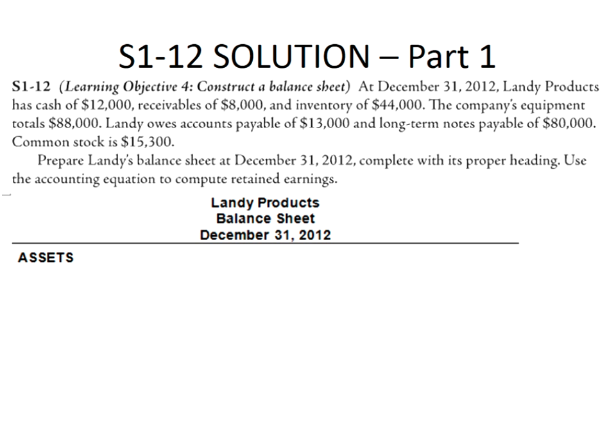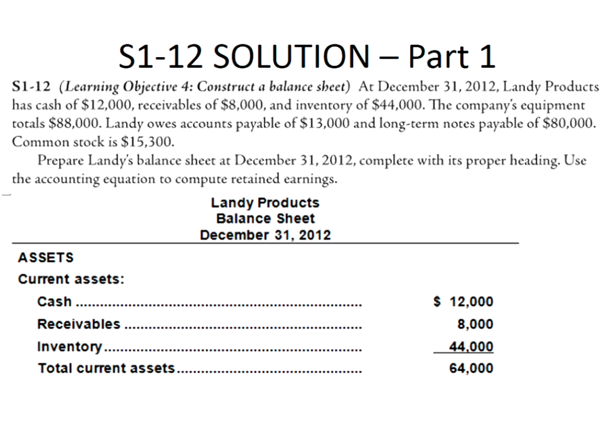Okay, so we're starting with assets. We've got some real basic ones. We're going to keep adding ones each day in class. And so we're going to start with the ones they gave us here. They gave us very limited assets. They told us we had cash of $12,000.